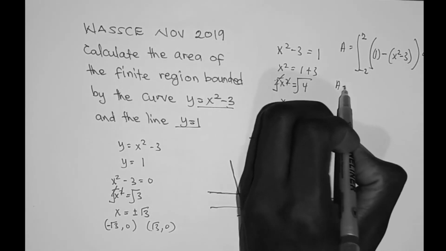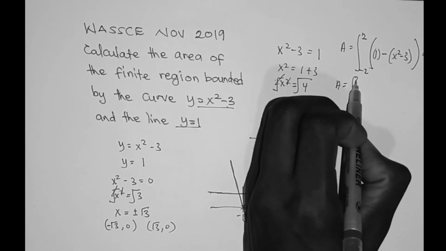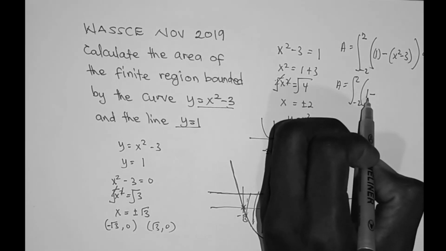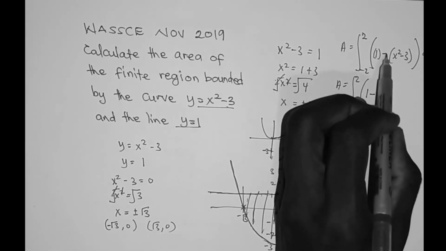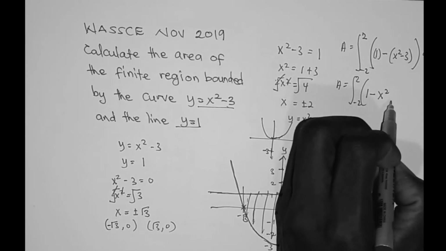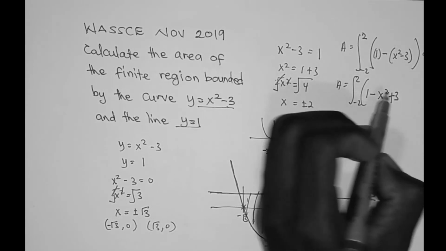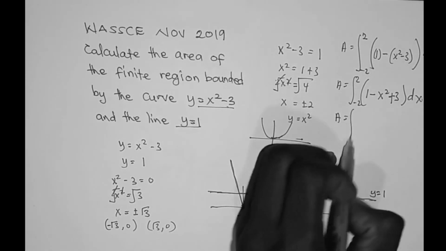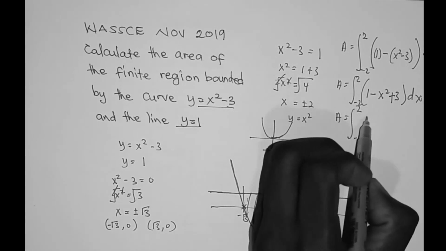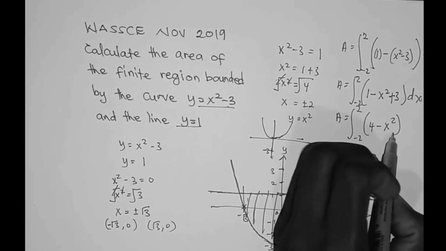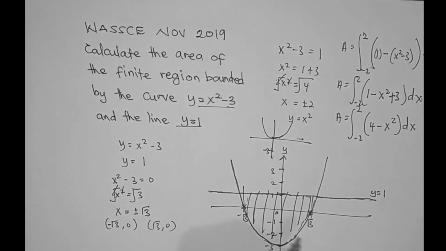So A is equal to the integral from minus 2 to 2 of 1 minus x squared, since 1 times x squared is minus x squared, and minus 1 times minus 3 is plus 3, dx. So A is equal to the integral from minus 2 to 2 of 4 minus x squared dx.